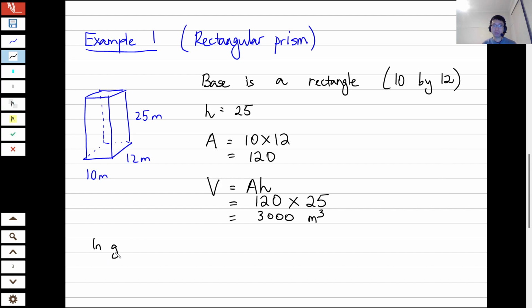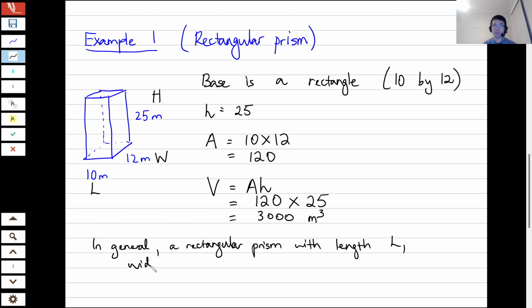In general, if I have a length L, a width W, and a height h, then I have a nice formula that I can use as well. So I'll just quickly write this sentence.